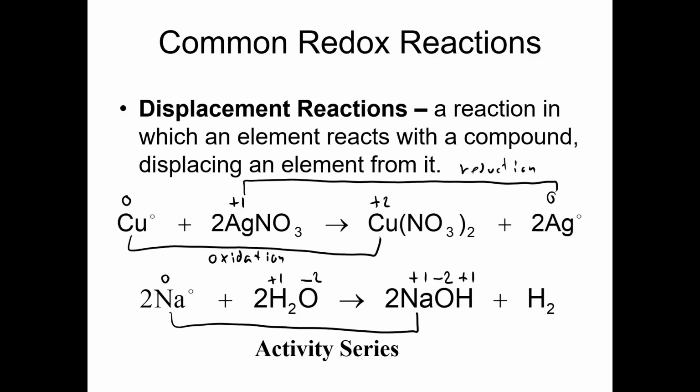See how this adds up? +1, -2, and -1. Okay, so that means that this hydrogen here must be the species that's reduced, and that's true here. It's like hydrogen +1 going to hydrogen 0. So that is the reduction.